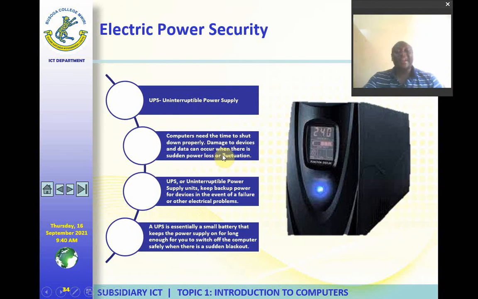Computers need time to shut down properly. Damage to devices and data can occur when there is a sudden power loss or fluctuation. The reason you need a UPS is that it stores power that will enable you to shut down your computer properly.